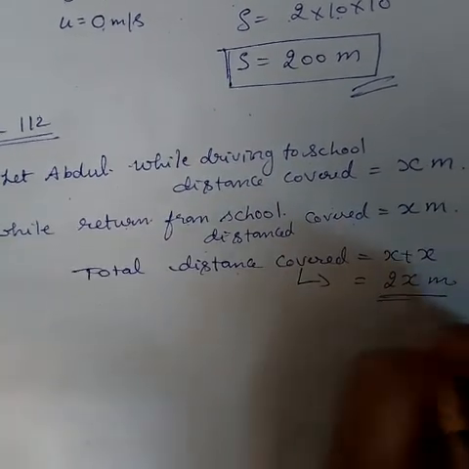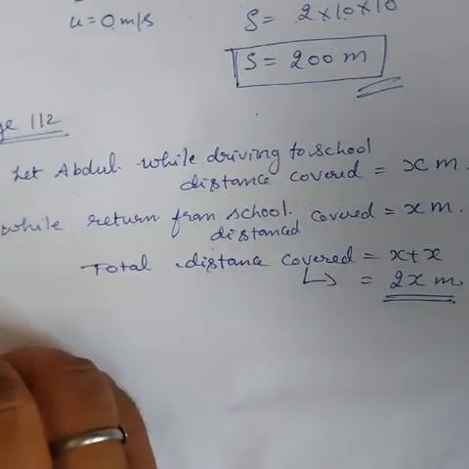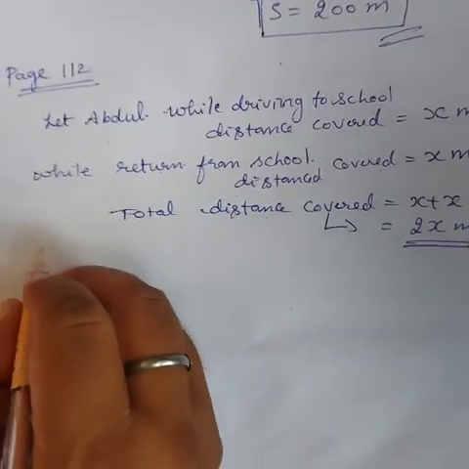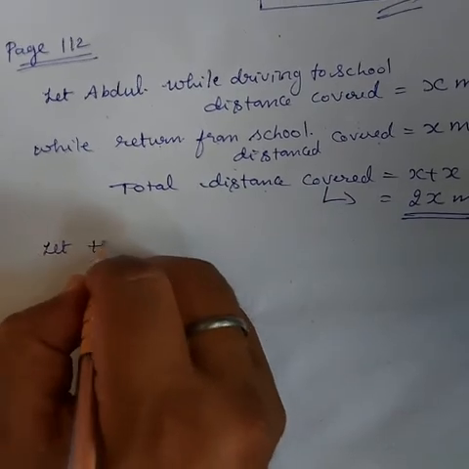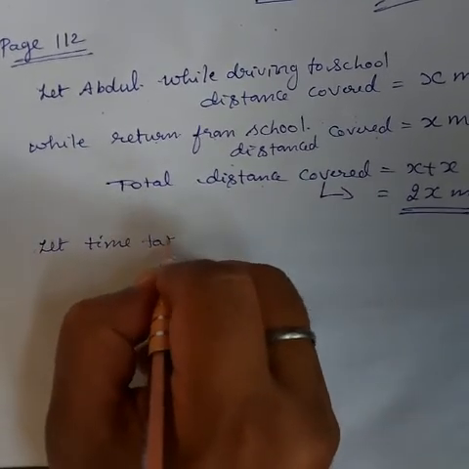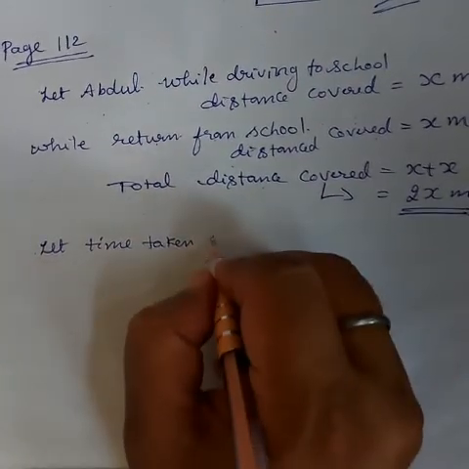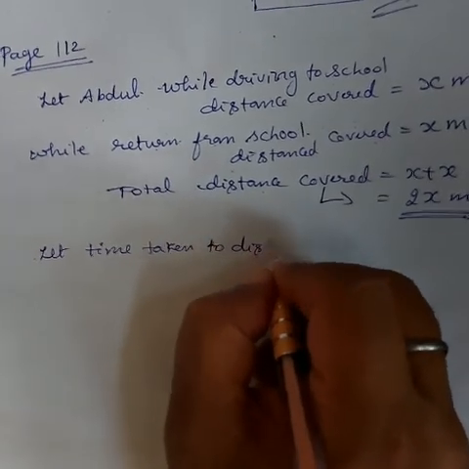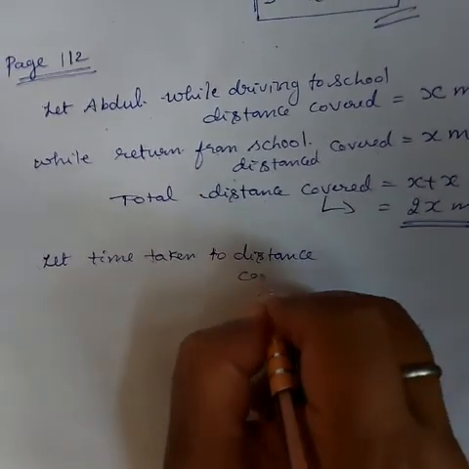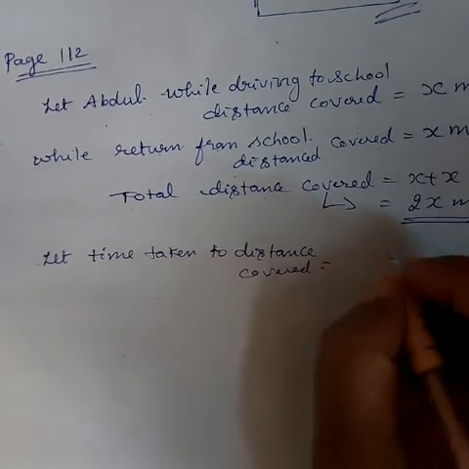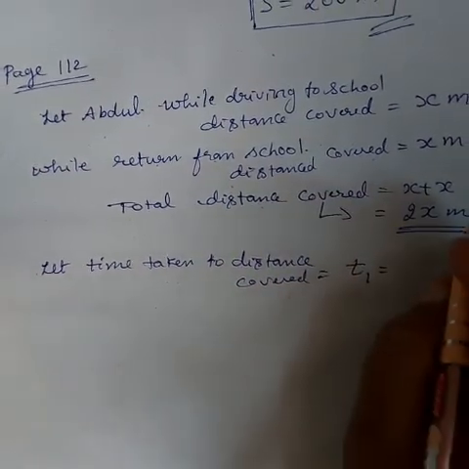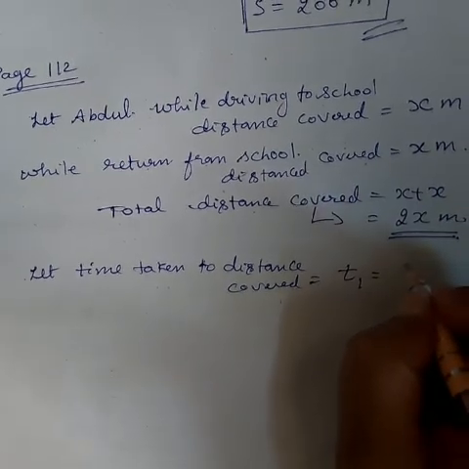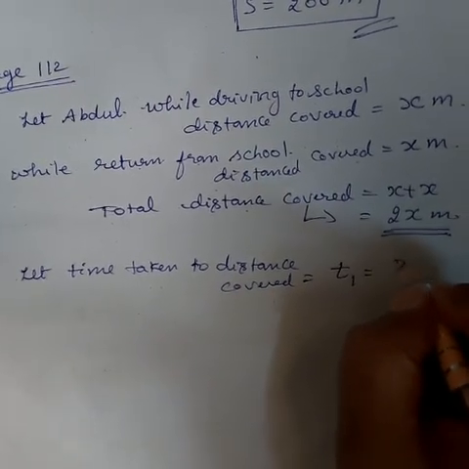Okay, next, time is not given, so let the time taken to cover the distance be t1. t1 is equal to distance upon speed.